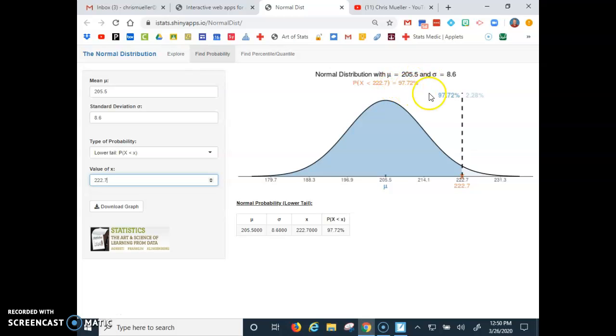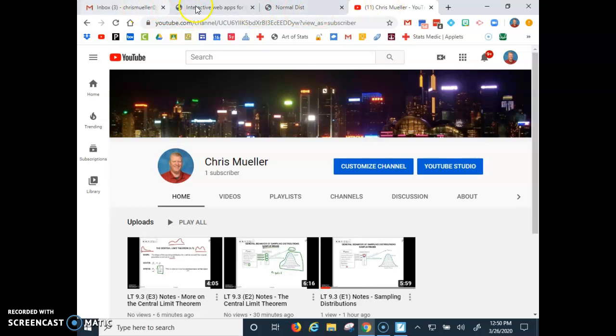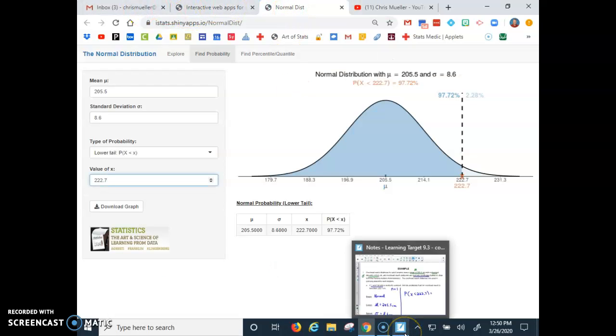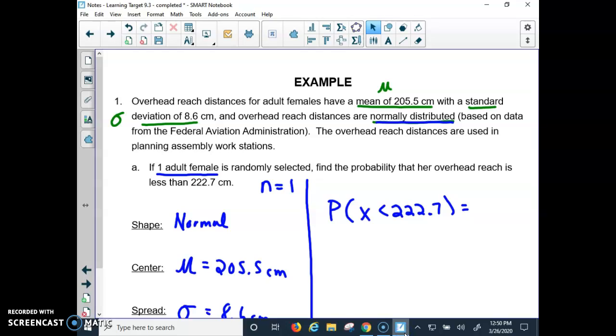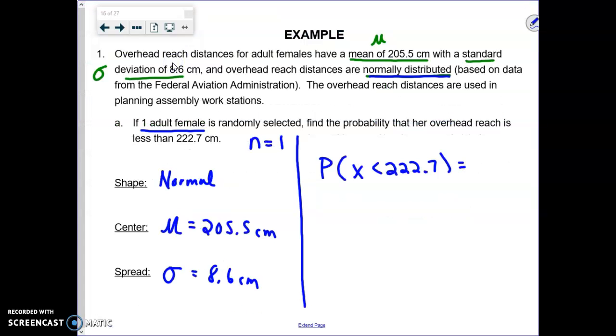That's the percentage, 97.72%. So really all we need to do then is go back here, and that is 0.9772. So a pretty high probability that a single female would have an overhead reach of less than 222.7 centimeters.